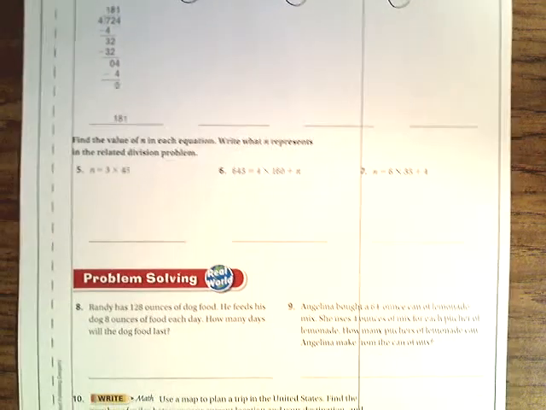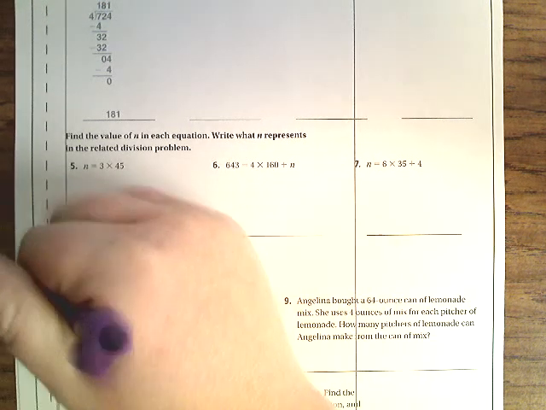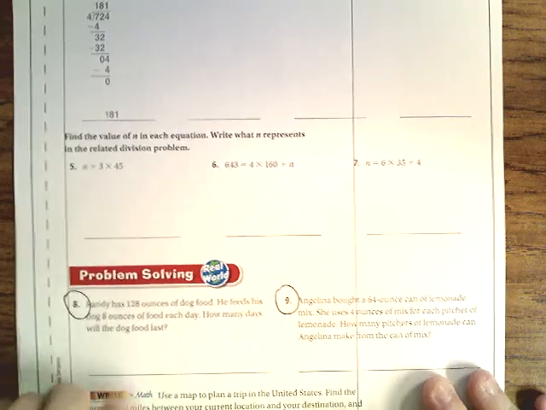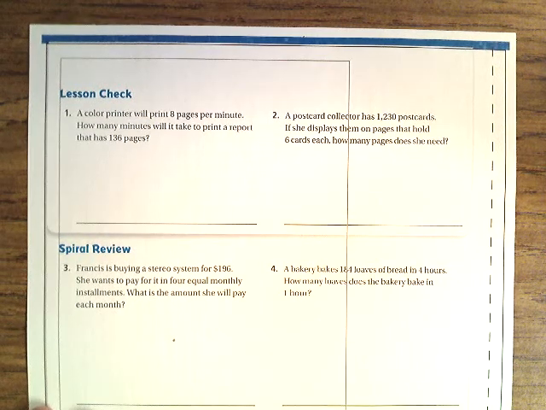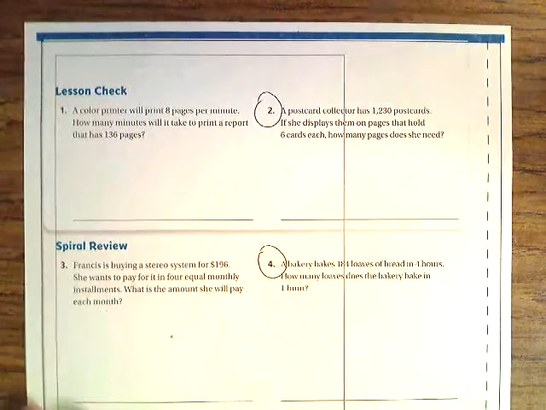Then I want you to do number, let's see. Hold on. 8 and 9. And I also want you to look at 2 and 4 on the back, okay?